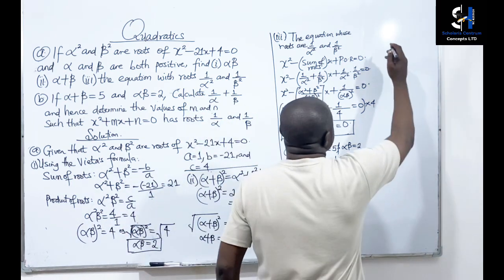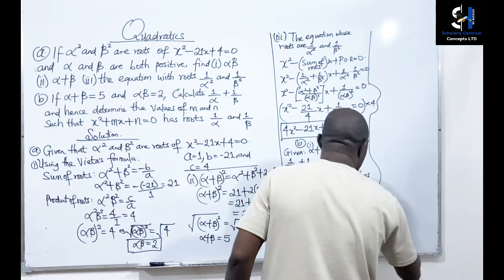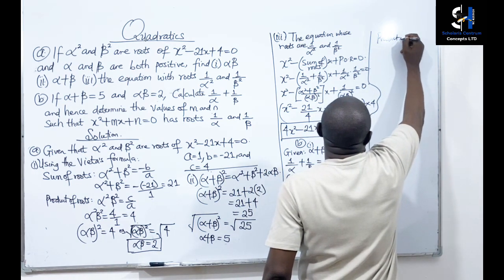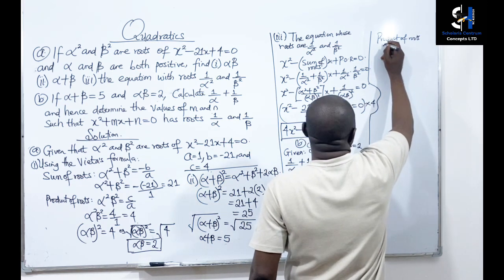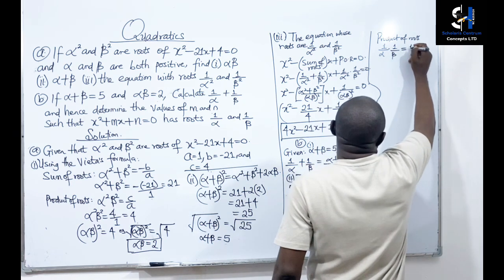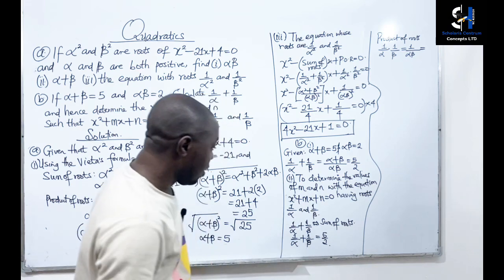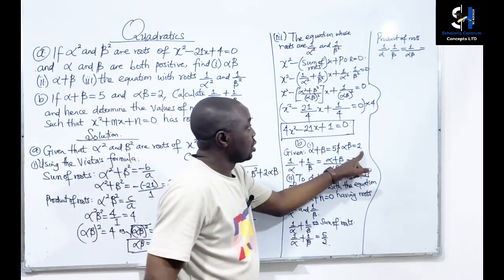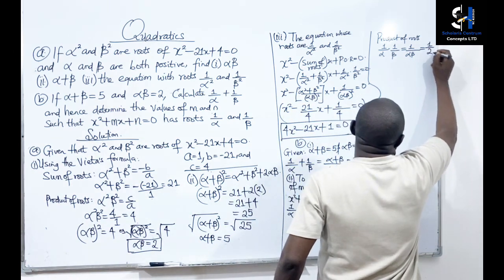Then the product of roots is 1 over alpha multiplied by 1 over beta, which is the same thing as 1 over alpha beta. We know alpha beta is 2, so this will be 1/2.